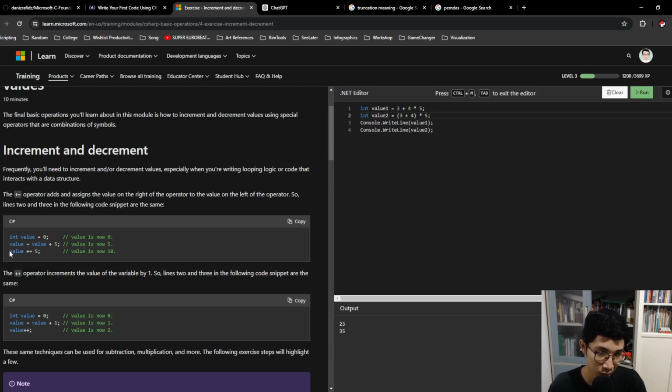Then we got a new operator here, the add and assign operator.